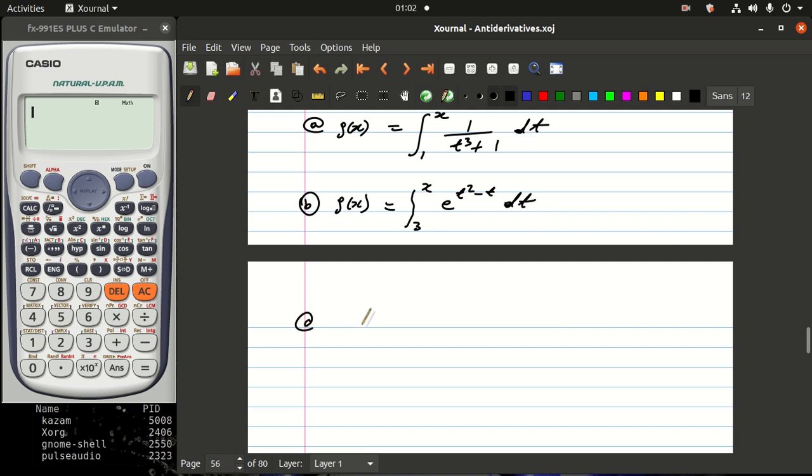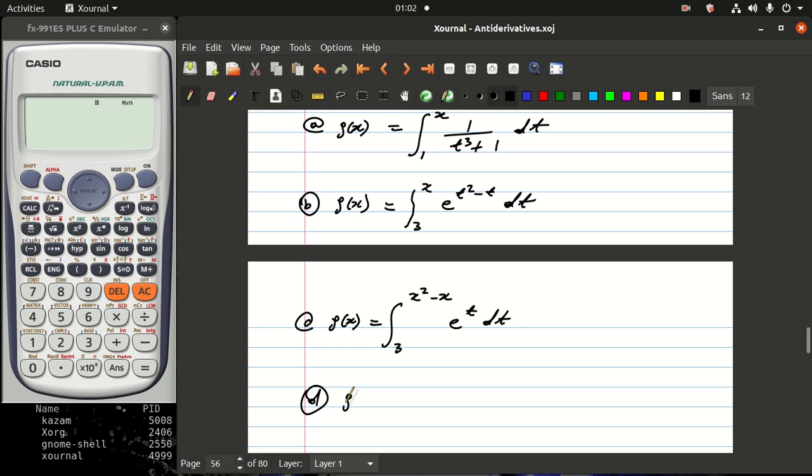And then you have C. C is saying g of x is the definite integral from 3 up to x squared minus x of e raised to t, dt.